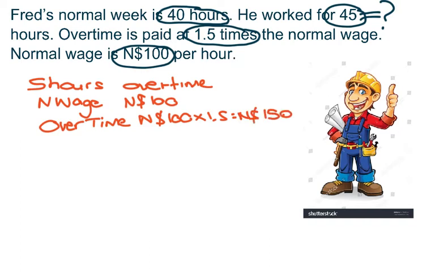So I'm saying he worked 5 hours overtime. Normal wage is $100. Overtime is then $150. All right. So how much will he get paid for this 5 hours? He will get paid in total then for this 5 hours $150 times 5, and that will give me $750. So this is what he will receive in overtime.